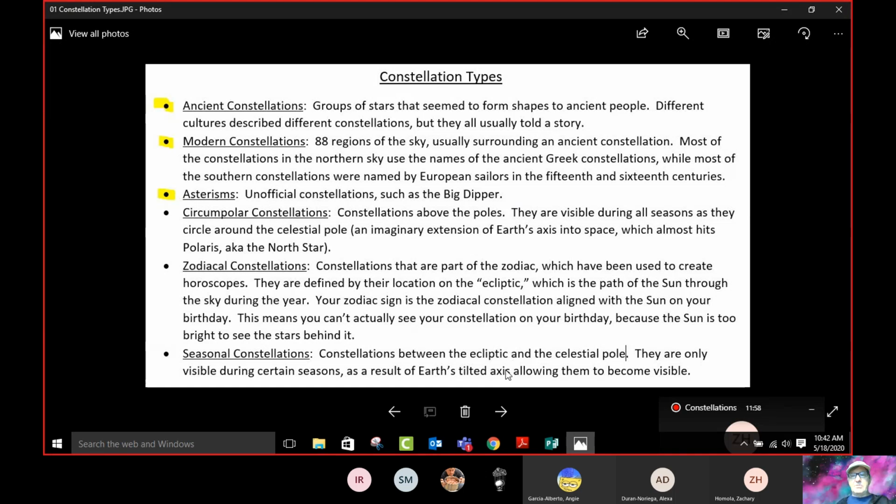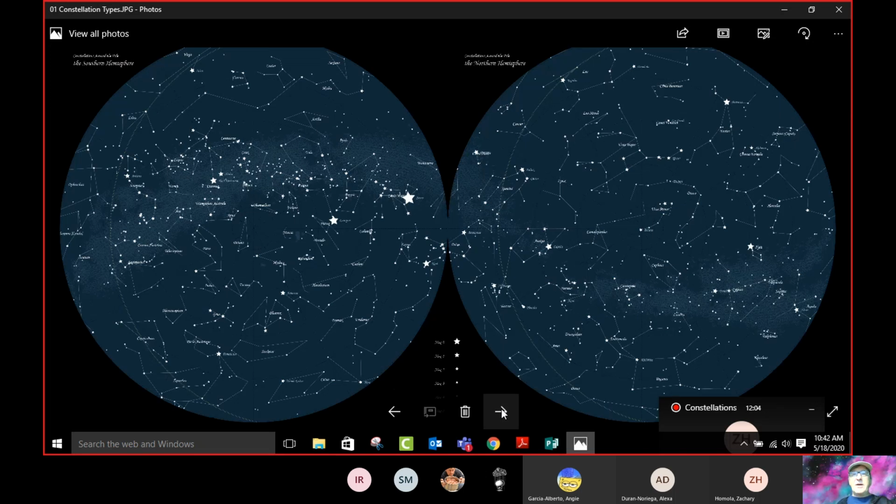So those are asterisms. So when I talk about regions of the sky, let's look at those regions of the sky. Here's a map showing the southern constellations and the northern constellations. So these are the ones we're mostly familiar with. Here's the Big Dipper upside down right now. That's an asterism that's part of this bigger constellation of the Great Bear.